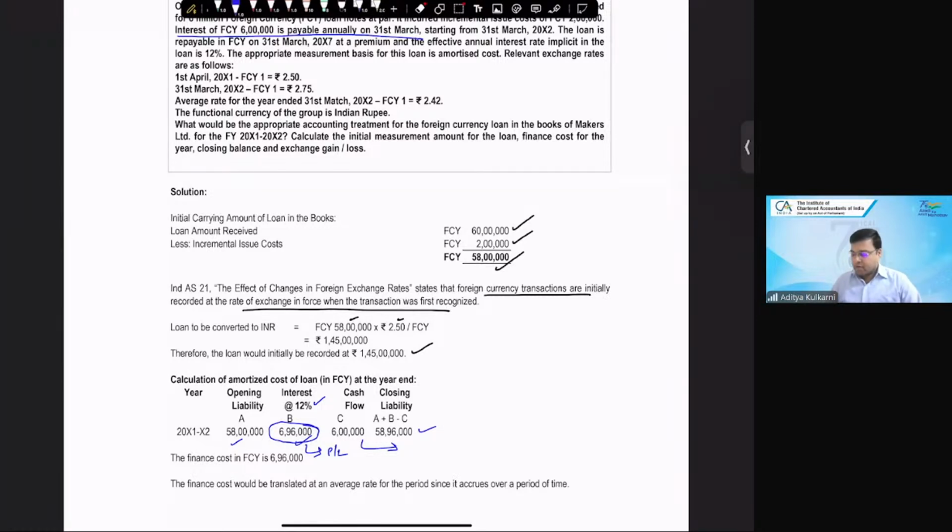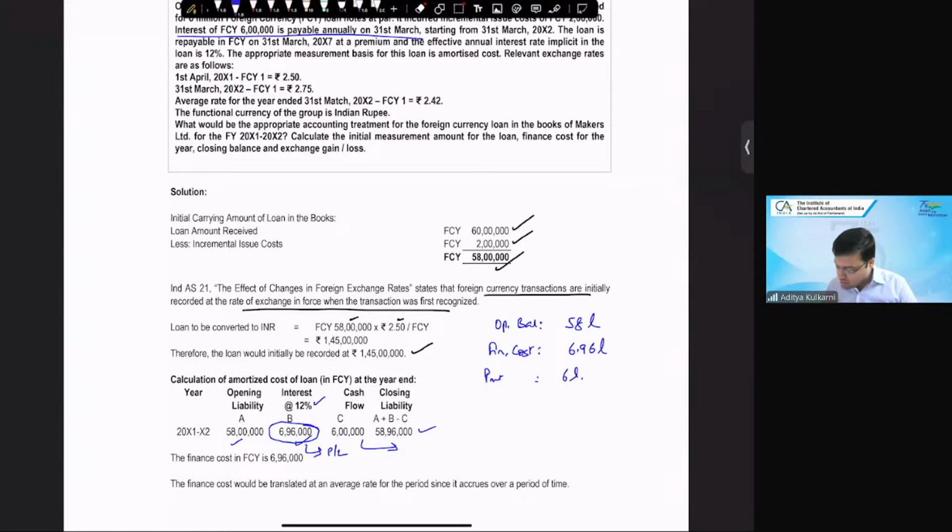So now coming to the overall picture, I have an opening balance of 58 lakhs. I have finance cost of 6.96 lakhs. And I have an additional payment of 6 lakhs. So tell me, what rates are we going to use for these items?